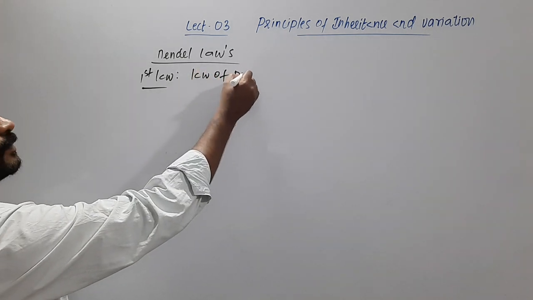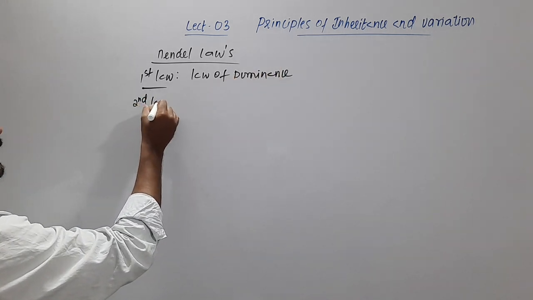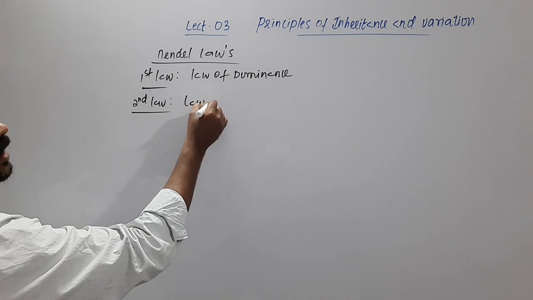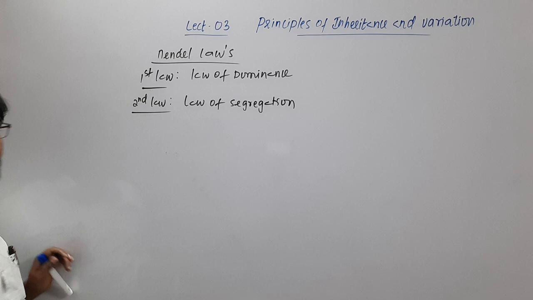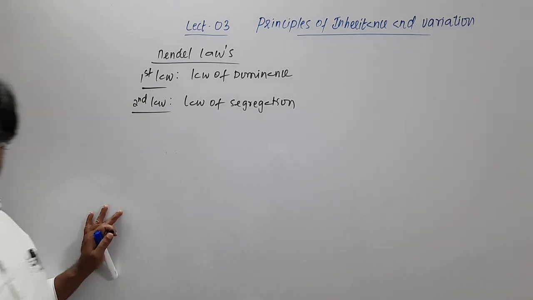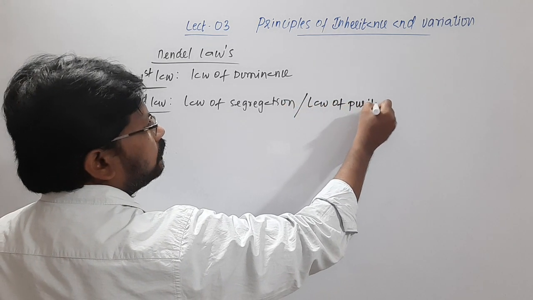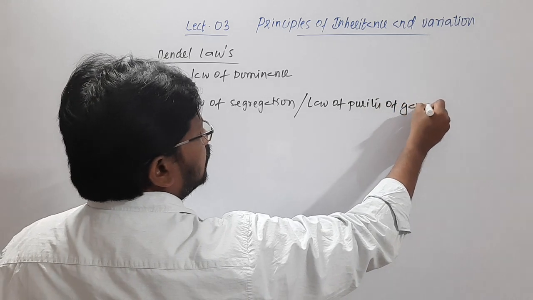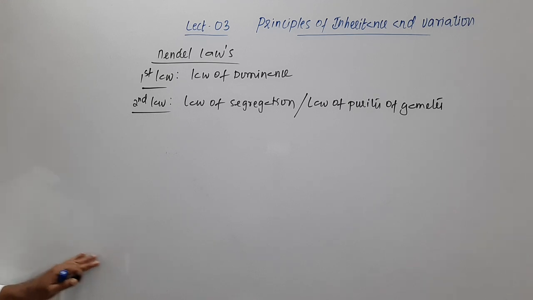The second law is called the law of segregation, which I can also call the law of purity of gametes. So the first law is the law of dominance, and the second law is the law of segregation or law of purity of gametes.